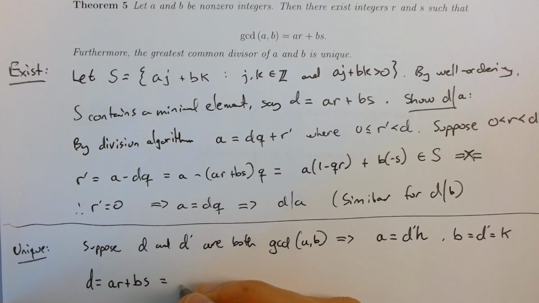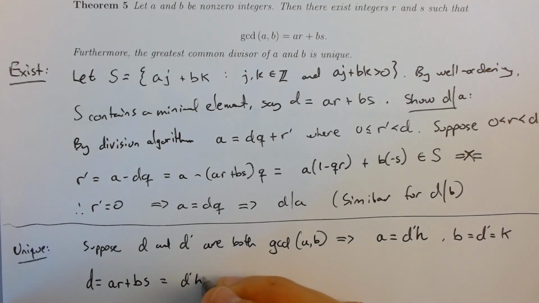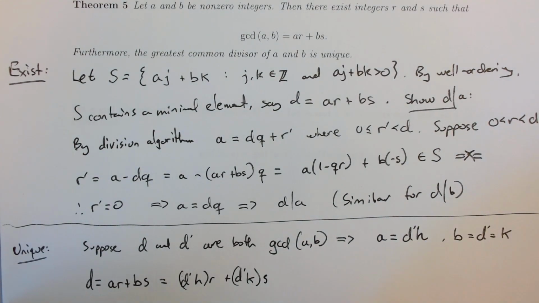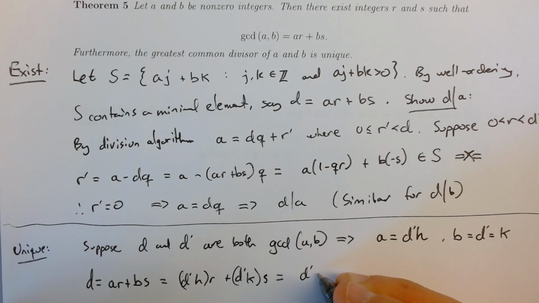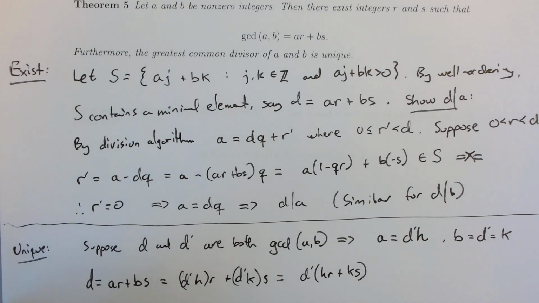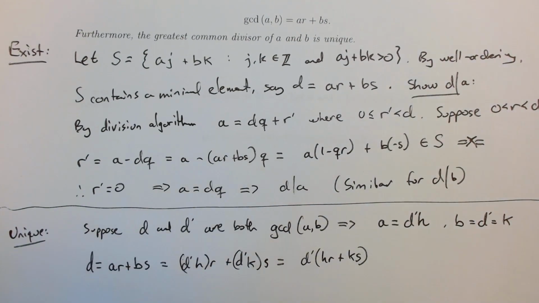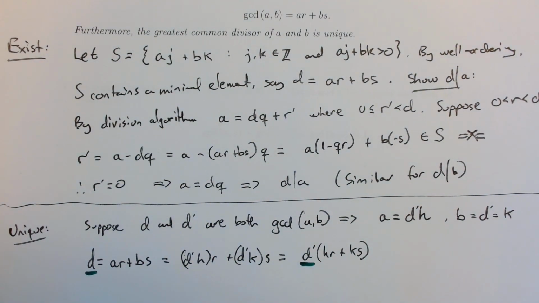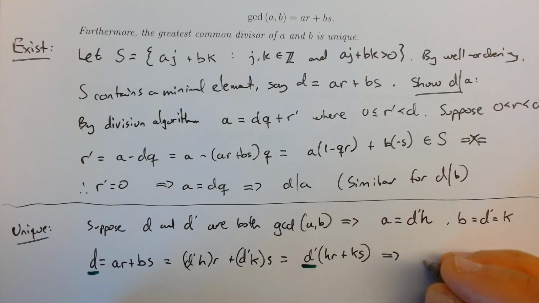So this looks like D prime H R plus D prime K S, which we can factor out the D prime: D prime times (HR plus KS). So looking at what we have now, we have that D is a multiple of D prime. So this implies that D prime divides D.